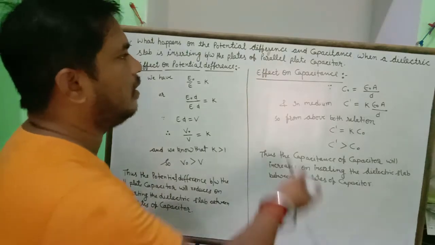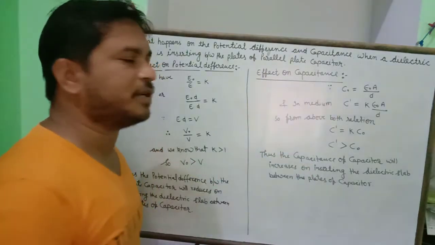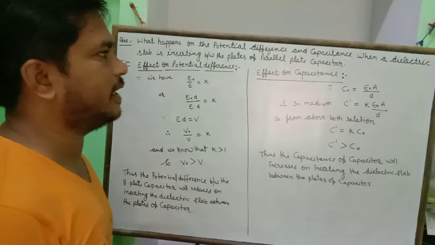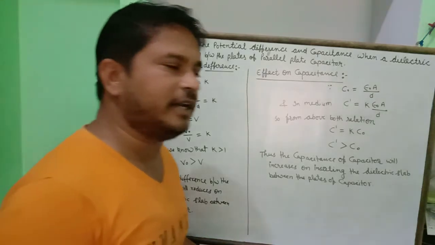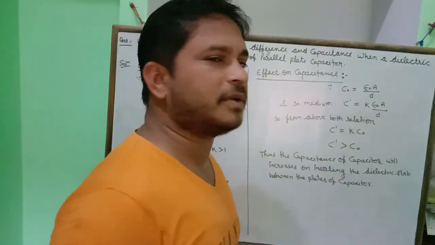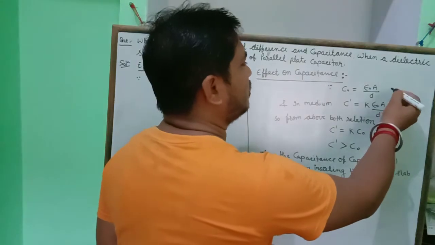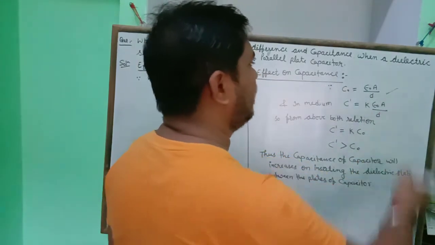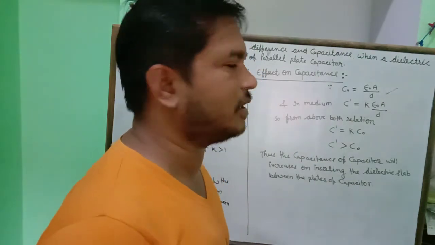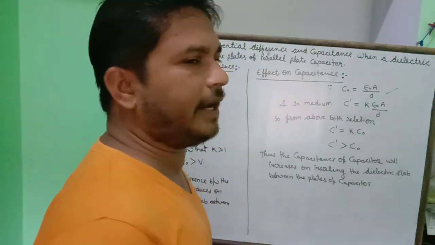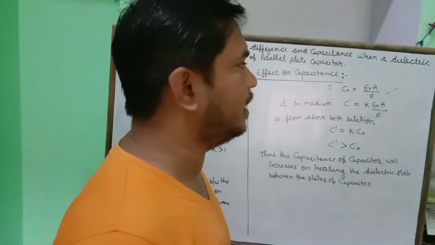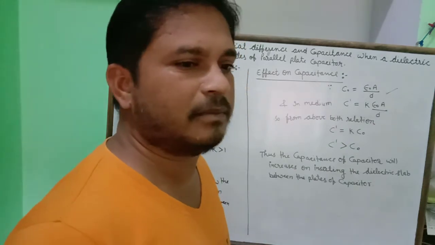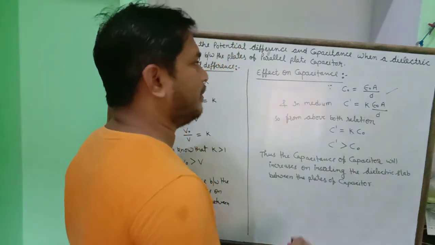Now the effect on capacitance. We know that if there is no medium between the plates of the parallel plate capacitor, then the capacitance will be C naught is equal to epsilon naught A upon d, where A is the area of the plate and d is the separation between the plates of the capacitor.